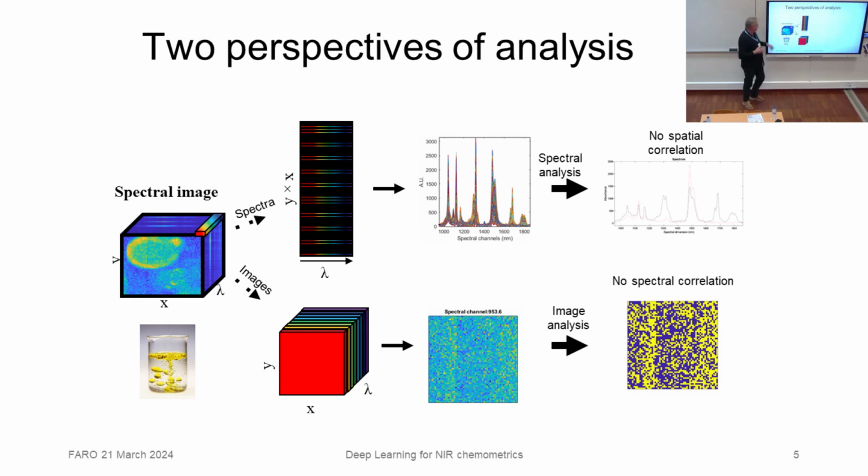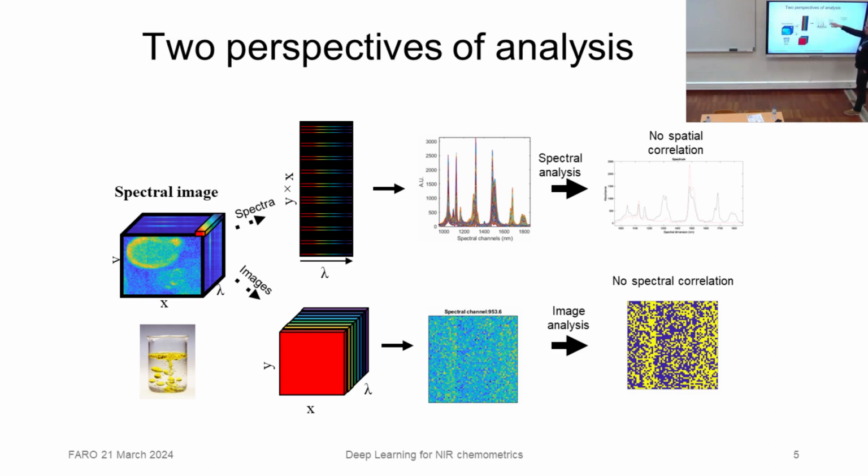You can either look at the spectra. That means that you unfold your image as a matrix, and with this matrix you can do classical chemometrics, or you can look at this cube like a lot of images and process that with image processing. So, for example, here you can make spectral analysis, but if you do that, you completely lose the spatial correlations.